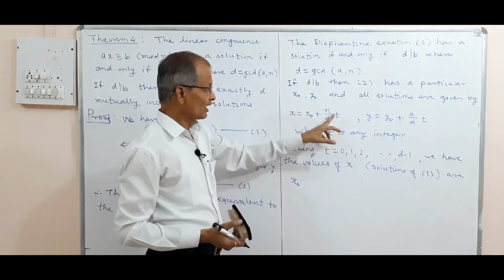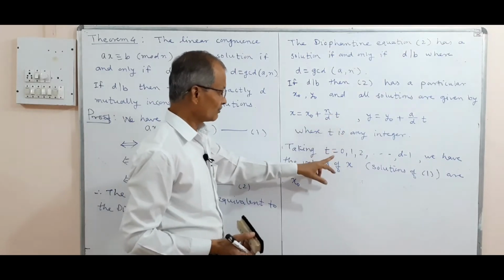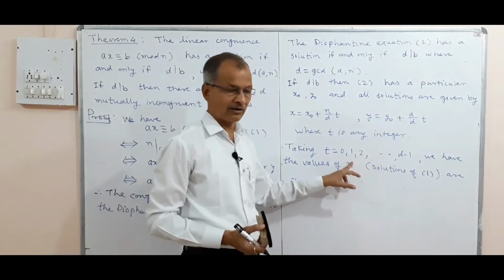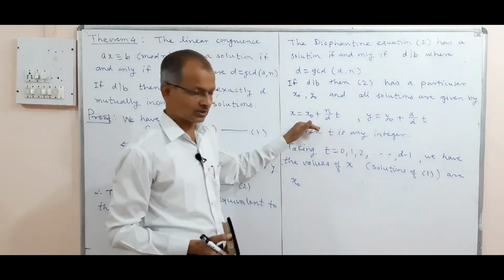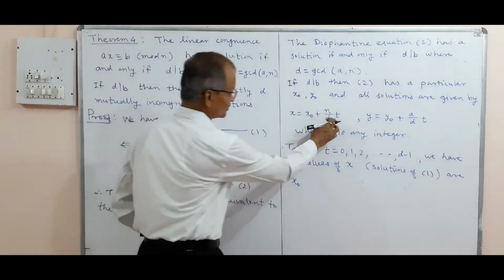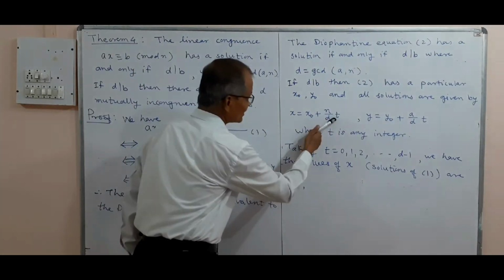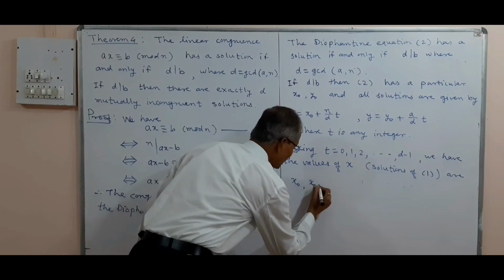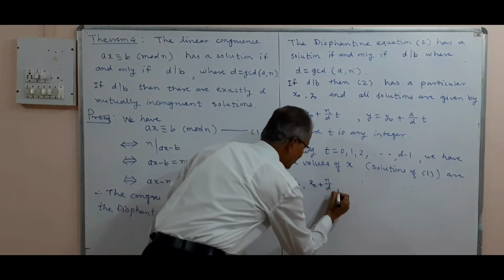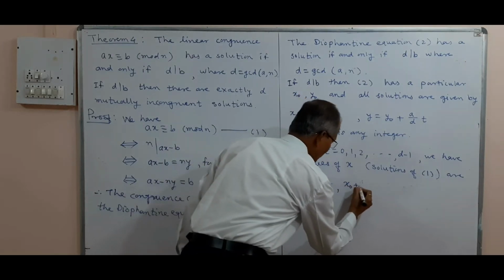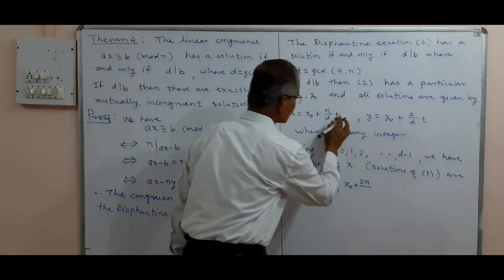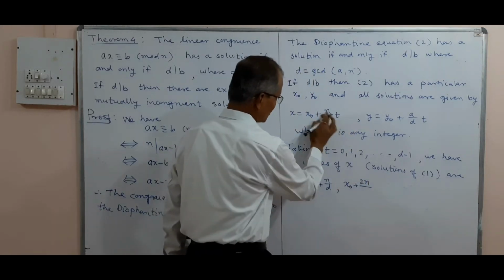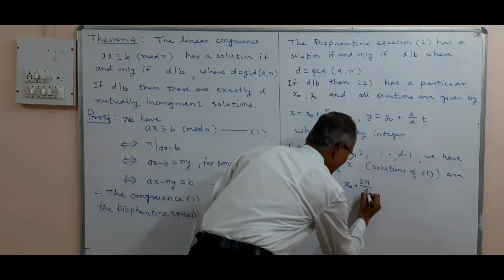And in this, we are putting the value of T from 0 to D minus 1, D values, to generate D solutions. So first is X naught, T is 0. Second, T is 1, so that is X naught plus N by D. Next is X naught plus 2N by D, T is 2, and so on.